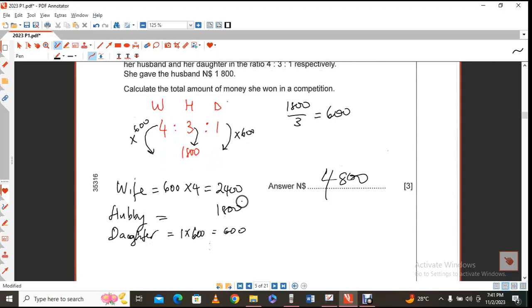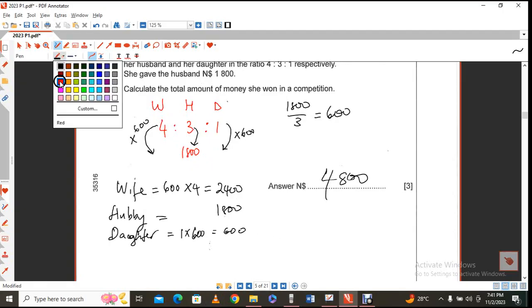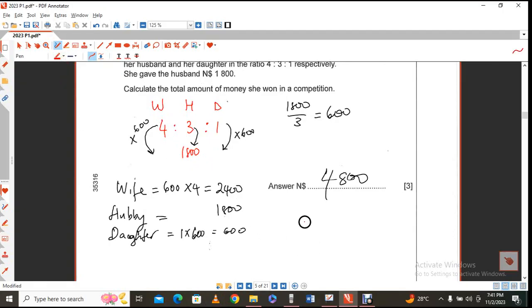You can, as I said, put 4 over 8, which is a half, and you can then multiply that. So you add the parts, which is another way to do it. You get 4 plus 3 plus 1, which gives you 8. Wife, sorry, we know already what the husband is getting.